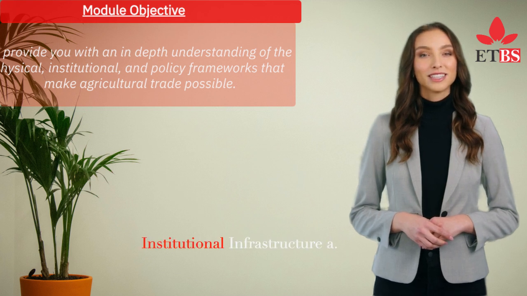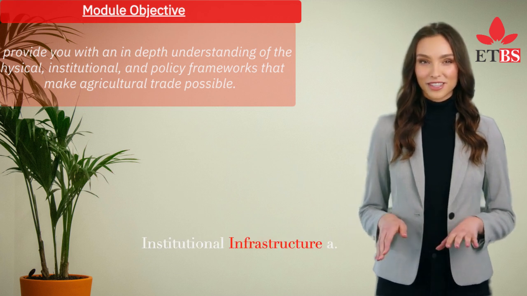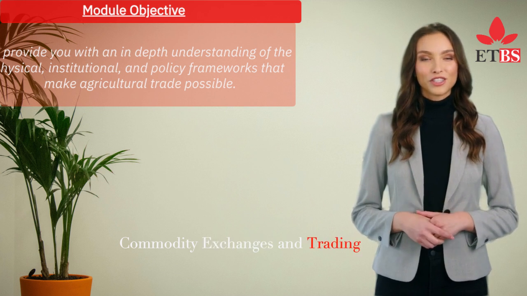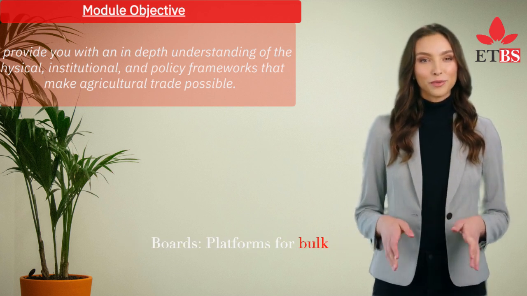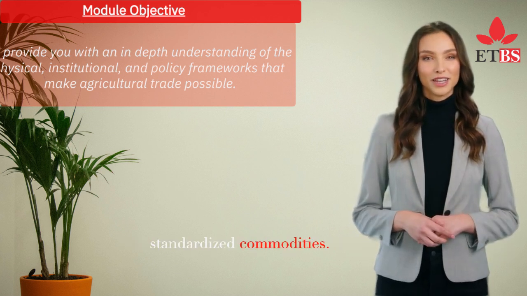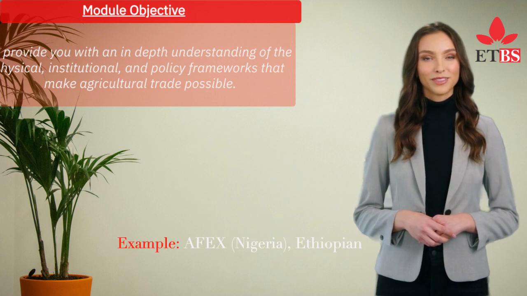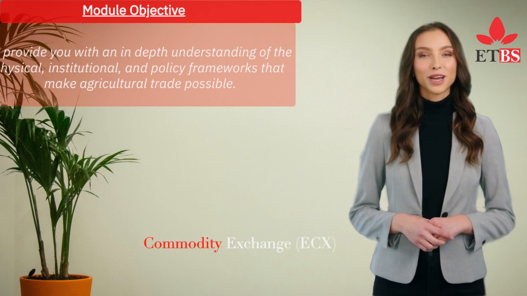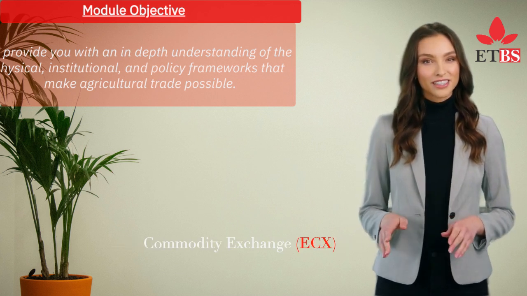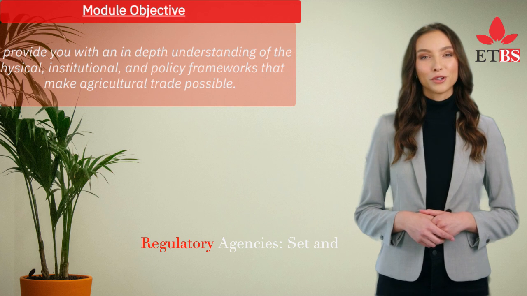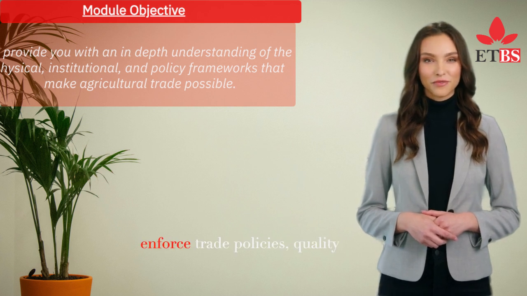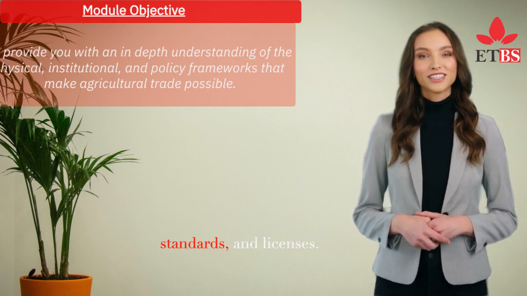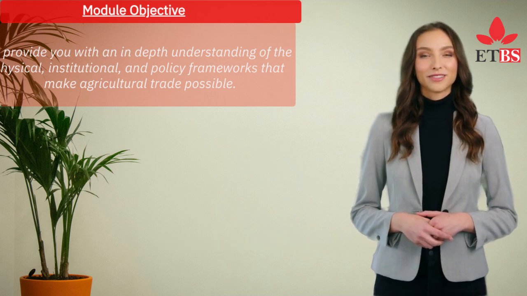3. Institutional infrastructure. A. Commodity exchanges and trading boards: platforms for bulk buying and selling of standardized commodities. Examples: AFEX, Nigeria; Ethiopian Commodity Exchange, ECX. B. Regulatory agencies set and enforce trade policies, quality standards, and licenses.